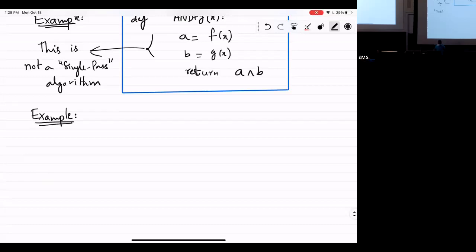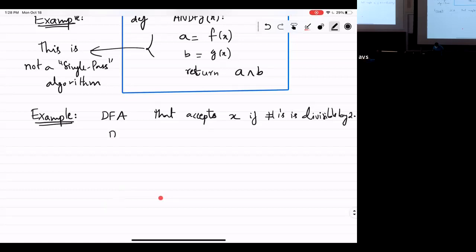Suppose I tell you there's a DFA that accepts x if the number of ones is divisible by 2. And there is a DFA that accepts x if the number of ones is divisible by 3. Now, what would be the AND of these two things?